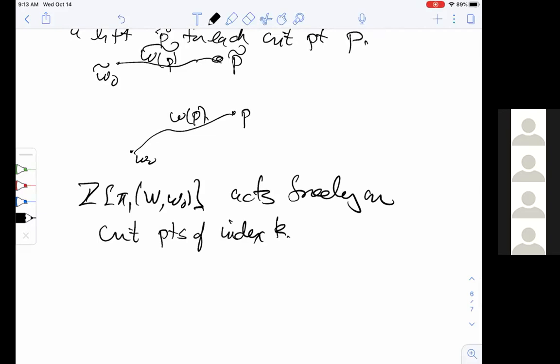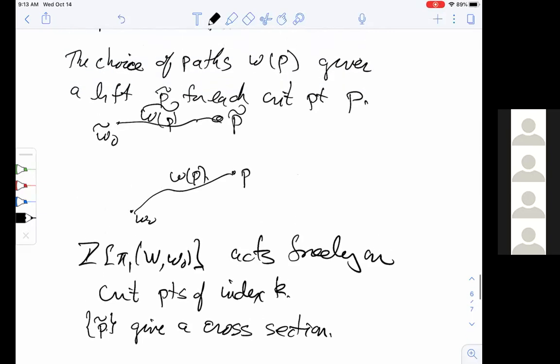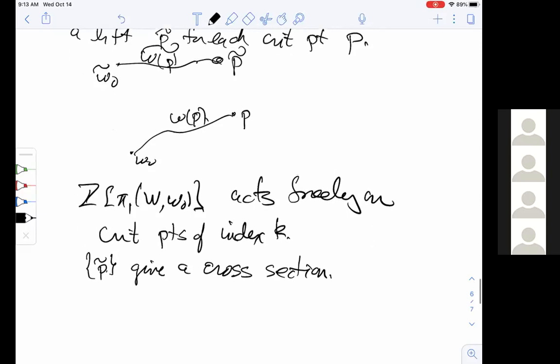And the p tilde give a cross section. That is to say, these choices for each p downstairs, the choice of p tilde produces an element in each of the free orbits of this action.